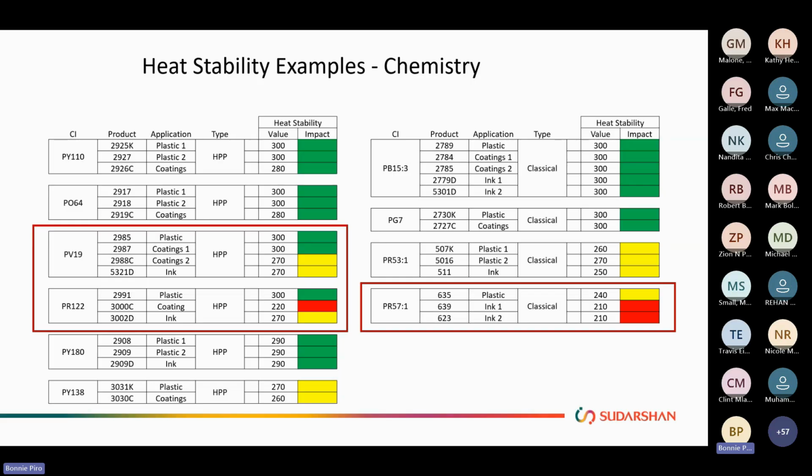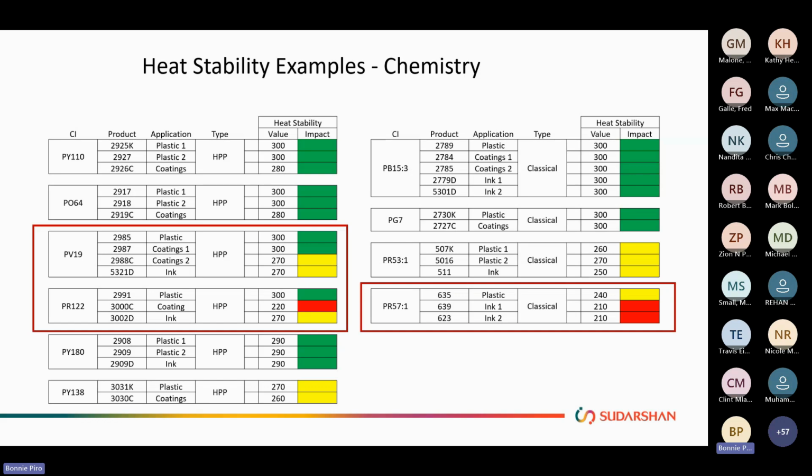There's an example of both of the plastics, coatings, and inks grade. Here we also see some fall off, but in particular we see a lot more fall off, kind of equating to what a classical pigment will provide in terms of heat stability, because of the choices of the finishing used on that coatings grade Red 122.